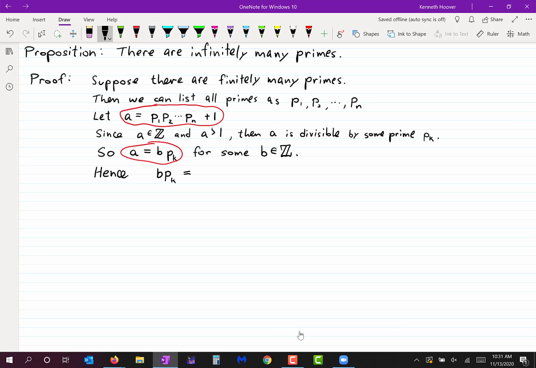So let's write B times P sub k equals the product of all of the primes plus 1.